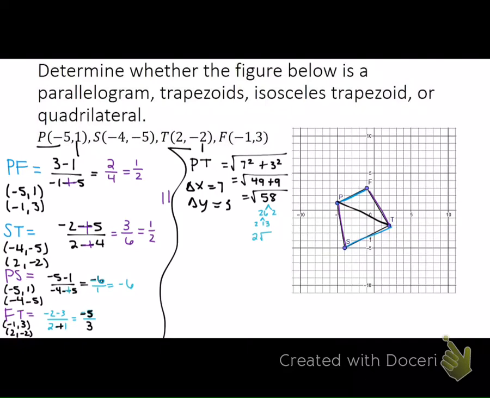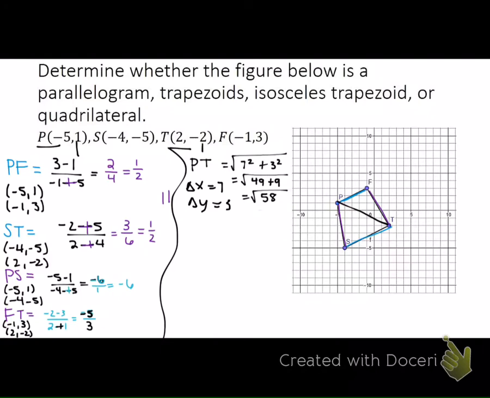So is that 2 root 13? Is that right? No, that doesn't look right. That's because 26 doesn't go in that. That should be 29, shouldn't it? Yeah. So nothing goes into that. So that's just the square root of 58. All right.